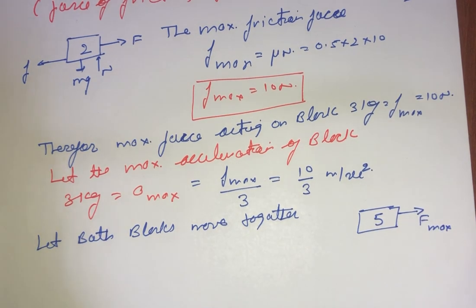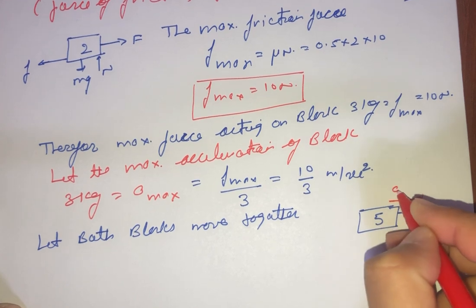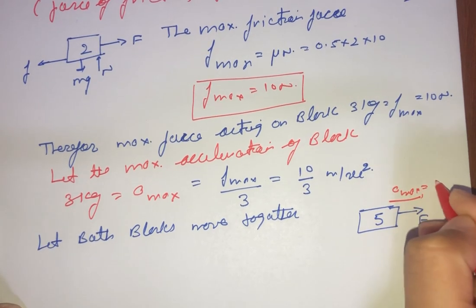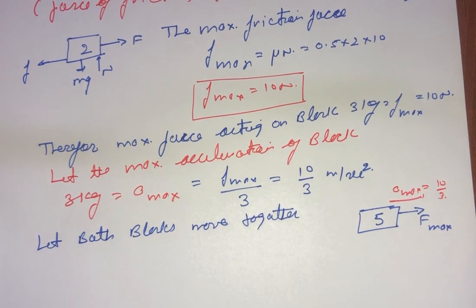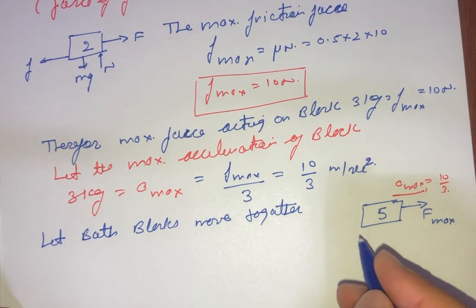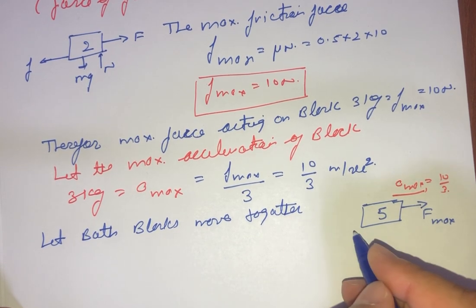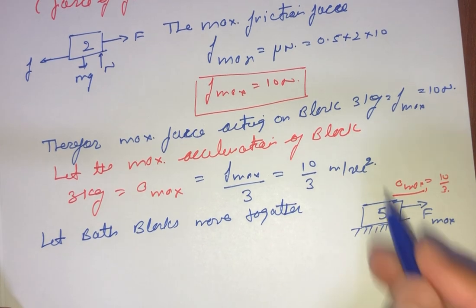We already know that the maximum acceleration with which it can move, A max, is 10 by 3, and there is no force of friction because this is our ground and mu is given as 0.